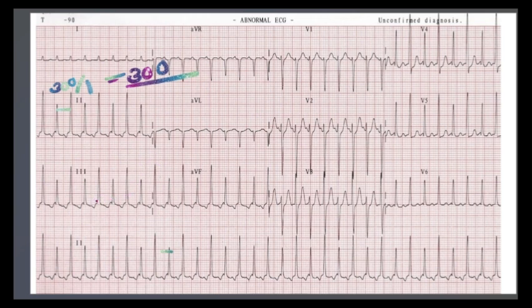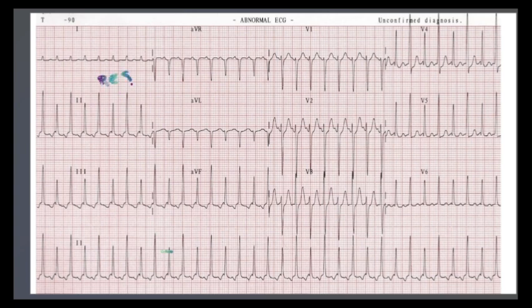Can you see any P wave? No P wave before the QRS complex. Let's look at lead 2. There is no P wave before the QRS complex, but you can see a P wave after the QRS complex. So we have got two features.